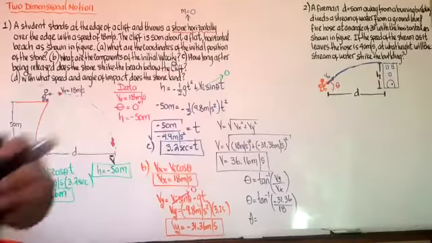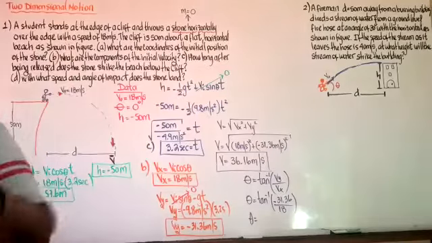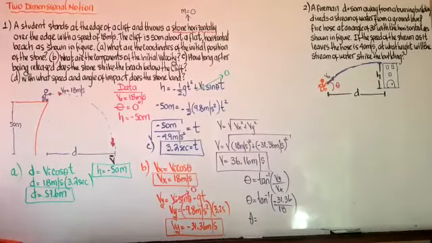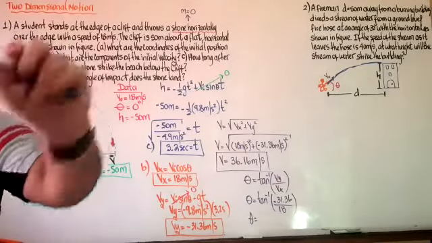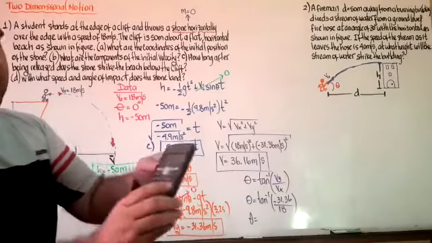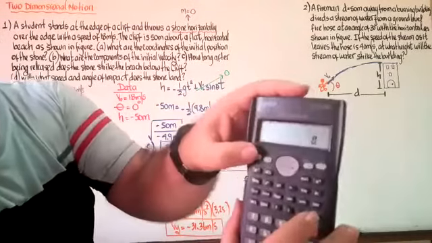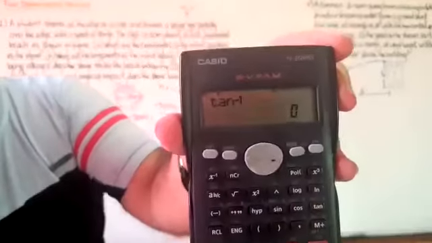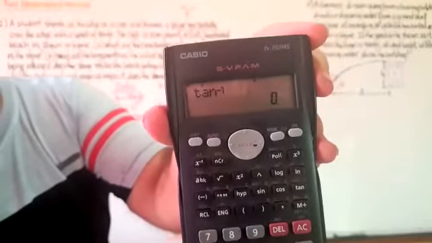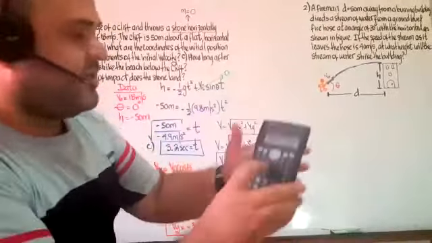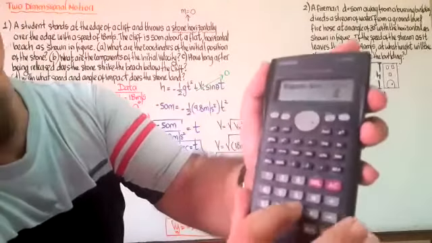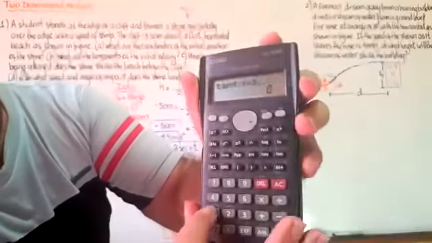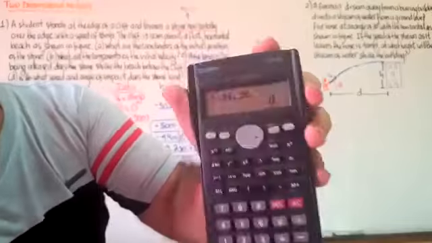If you want to calculate the arctangent, remember, make sure your calculator is set in degrees, with the letter D. Okay? Push the shift button and tangent, and you're going to see tan^-1. That means inverse tangent. Open parentheses and copy the fraction: negative 31.36.